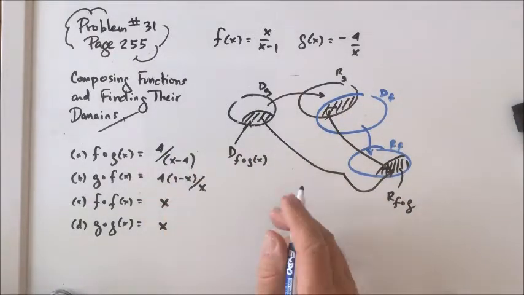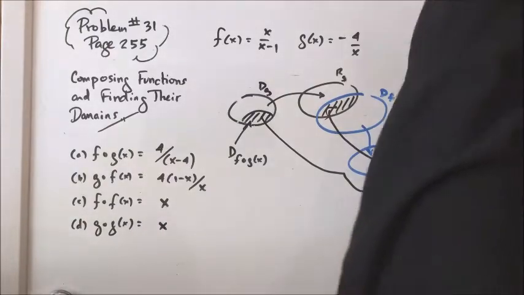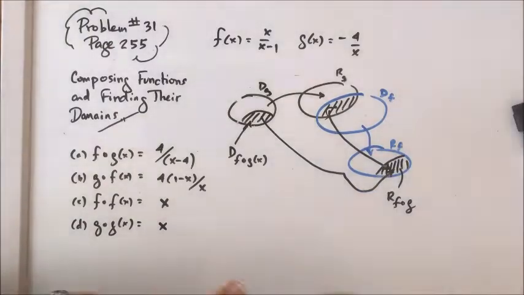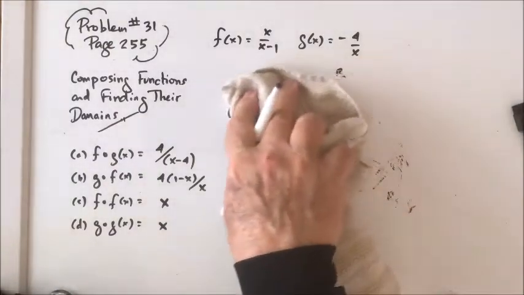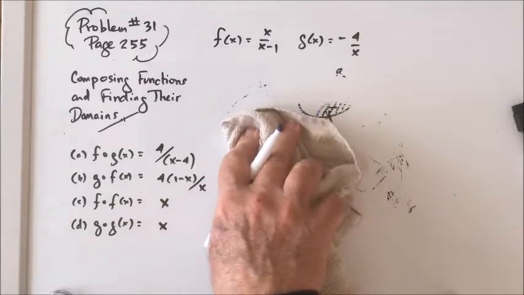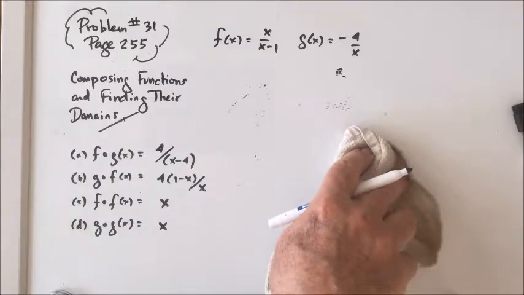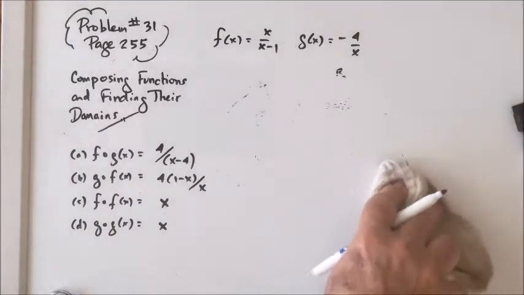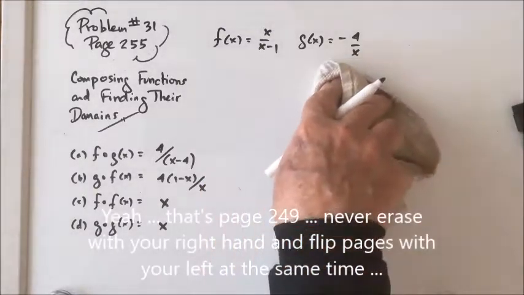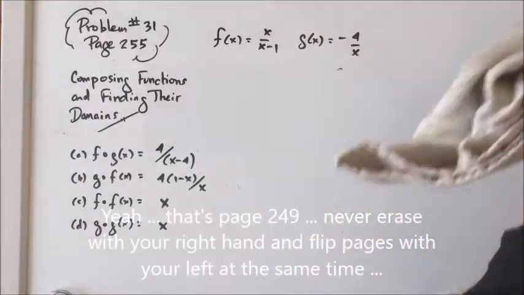So if we want to find the domain, such a nice picture, and I'm going to just eliminate it right here. Your book has that same picture, if I can do two things at once here, on page 294. You can stare at that and see if you can understand it.